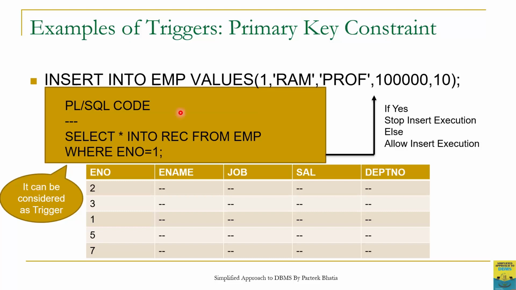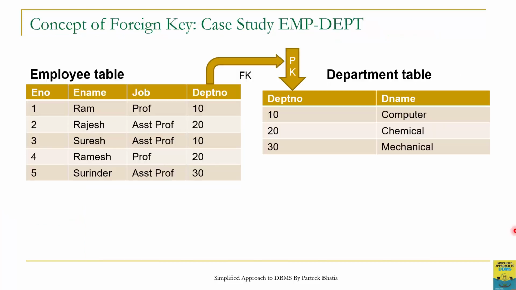So the point is this: when we apply a primary key constraint over a column, Oracle internally creates a trigger to ensure the implementation of this constraint. Same way, when we apply a foreign key constraint between employee and department tables, then again an automatic trigger will be created to enforce this constraint.